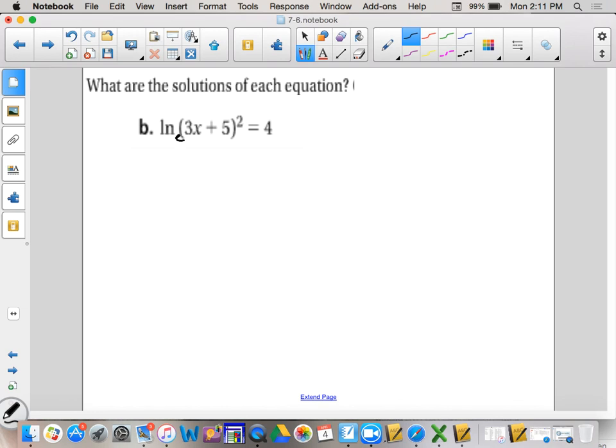Change it into exponential form. So what's my exponential form going to look like? Anytime I'm solving a natural logarithmic equation, what's the first thing I do? Put it into exponential form.